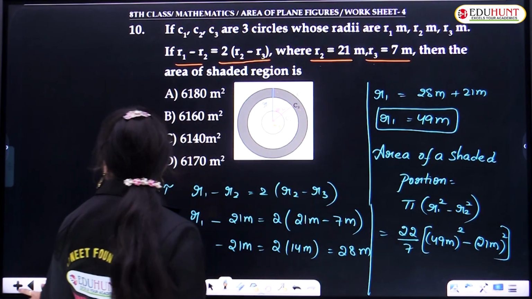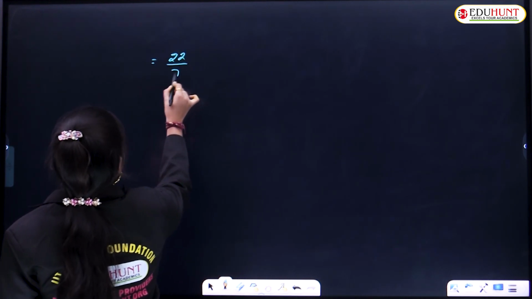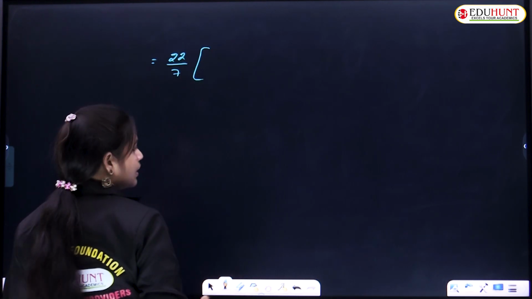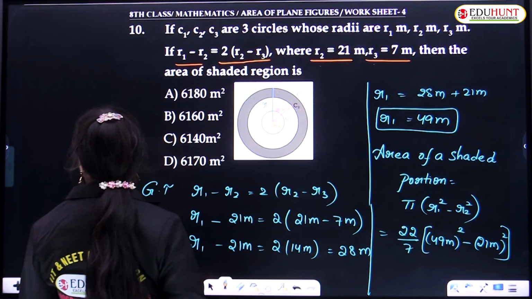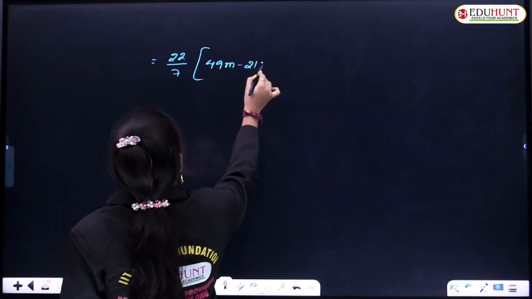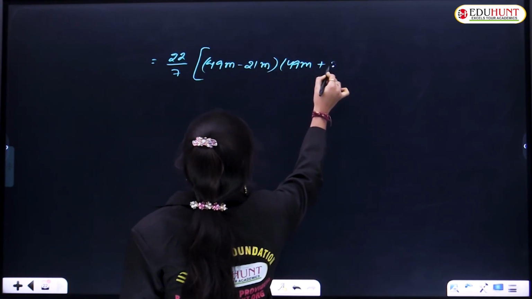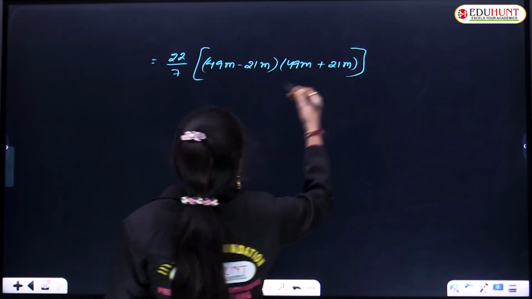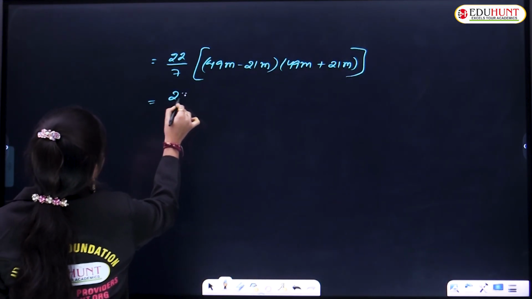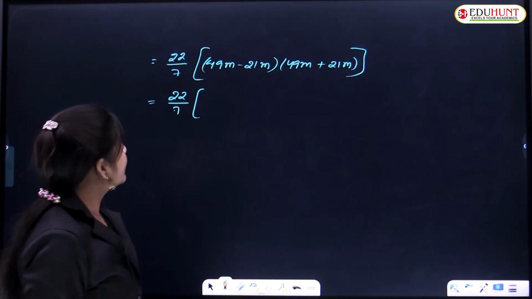Now simplify that, which is equal to 22 by 7 into 49 meters minus 21 meters into 49 meters plus 21 meters.